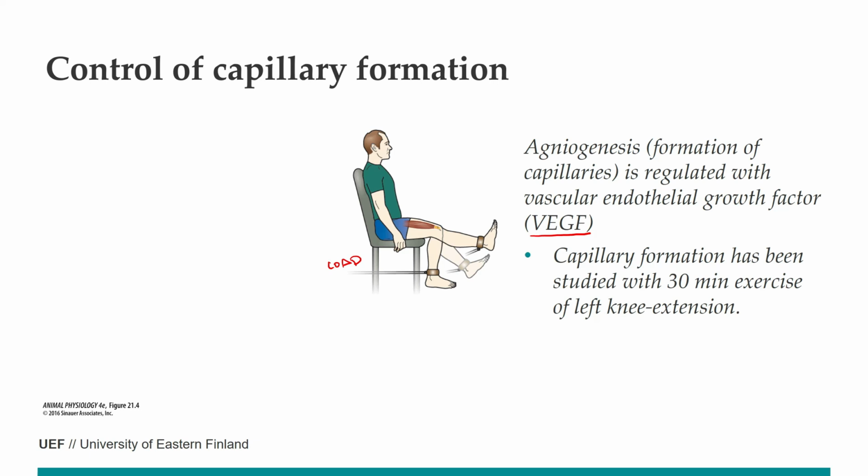Quite boring. But the good point is that this happens only on the left, and then you have the right leg that is not moving, and you take samples from both legs. So then you can see what happens in the leg that has been doing the exercise and in the resting leg.